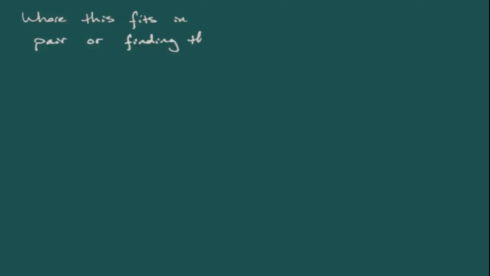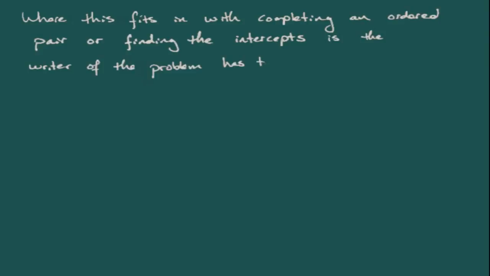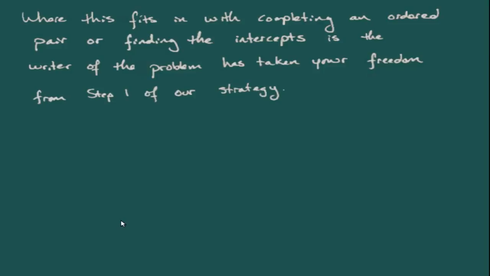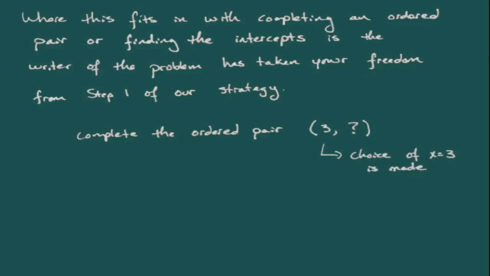So the question becomes, where does this exactly fit in with the idea of completing an ordered pair or finding the intercepts to an equation? Well, in each one of those, the writer has actually gone in and taken away your freedom from step 1. If we are completing an ordered pair, such as they gave you 3 comma something, then they have actually said we're going to choose x to be 3.